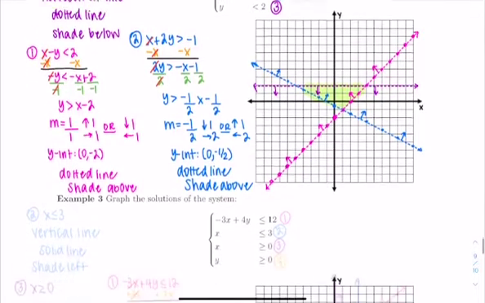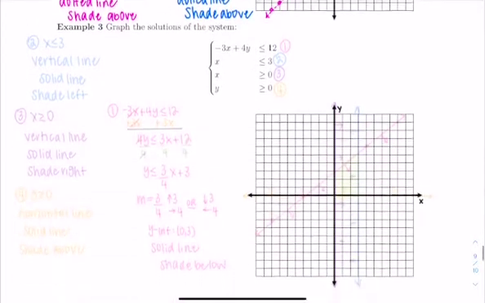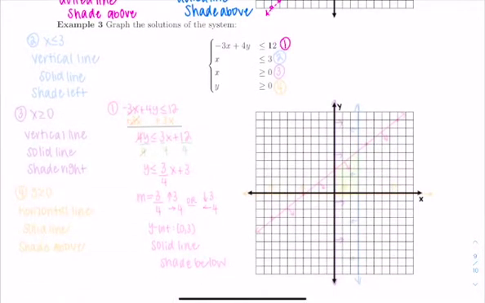And we've got one more. This time we've got 4 different equations. So let's start with number 2. x is less than or equal to 3.